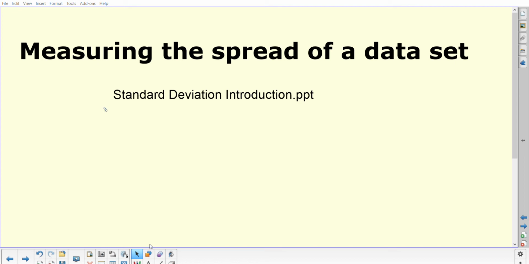So how does it work? The steps to how we work with standard deviation are as follows. The first thing you will need to do with your data is work out the mean. So the mean is simply your total of all the values and then divide by how many values you have. In maths language, this is written down like this. This little x with a bar above it is called x bar.